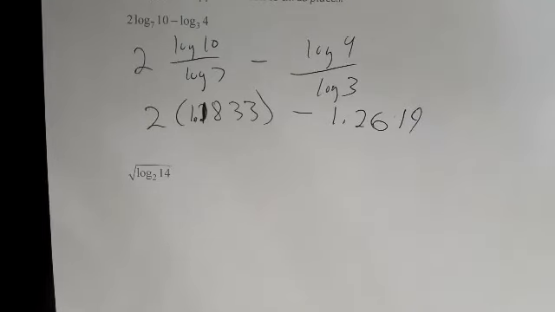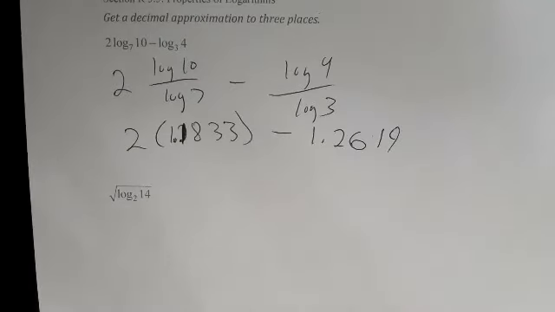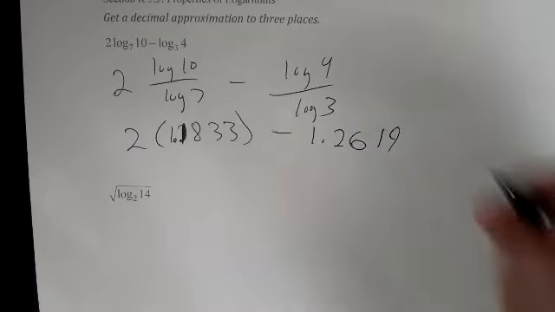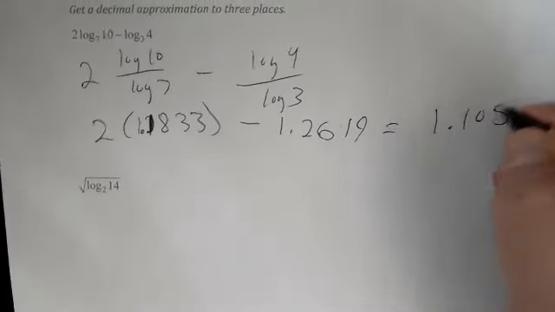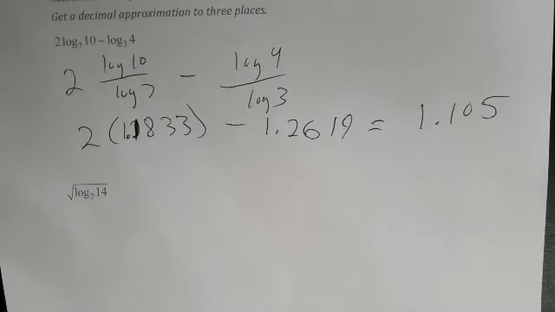So I'm rounding it to 4 decimal places, and then I'll round it to 3 in the end, probably. So 2 times 1.1833 minus 1.2619 gives me 1.1048, and I'm going to round that up to 1.105.